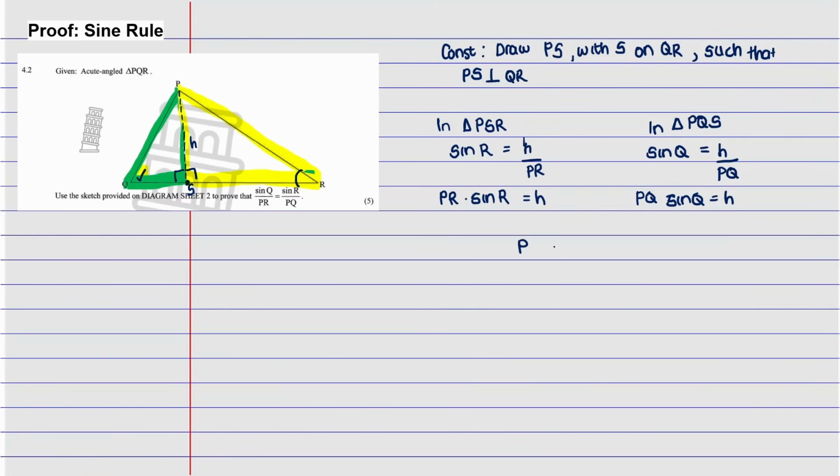So this is the same as saying PR sine R is equal to PQ sine Q. Then we're going to divide throughout.